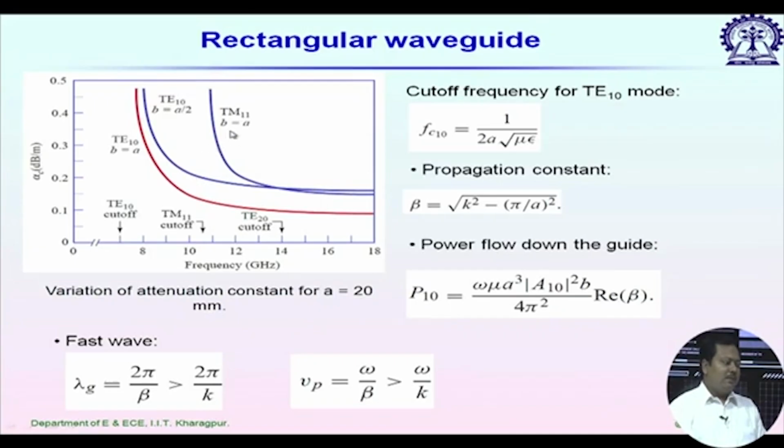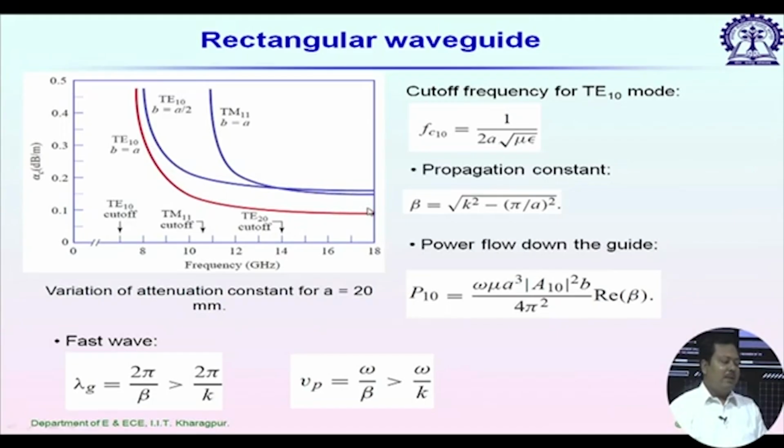For the same B is equal to A guide, the TM11 mode appears at a much higher frequency. For both these two cases, at cutoff frequency it goes to infinity, and if we increase frequency, they decrease.